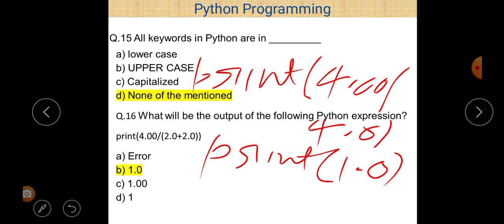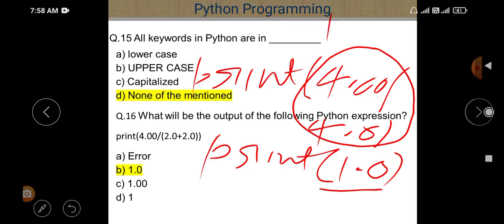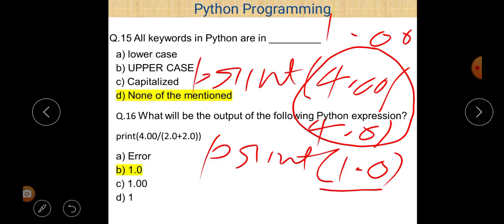Always remember that when such an expression appears in Python, the answer must be a float value, first thing. And second, Python gives the minimal representation, not 1.00. It always gives 1.0. So 1.0 is the correct answer. For question number 16, answer B is correct.